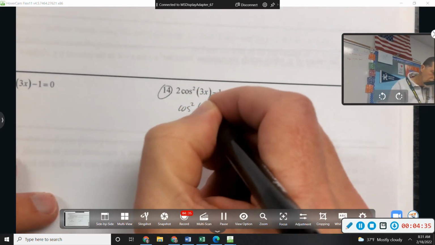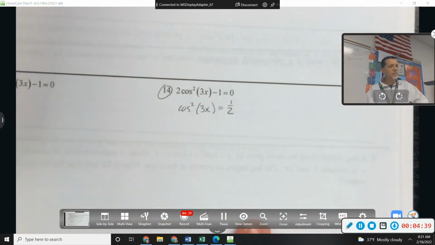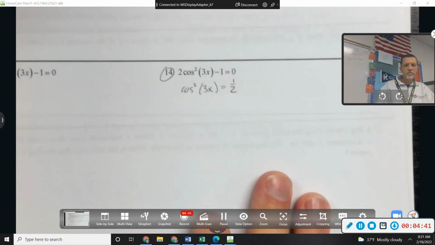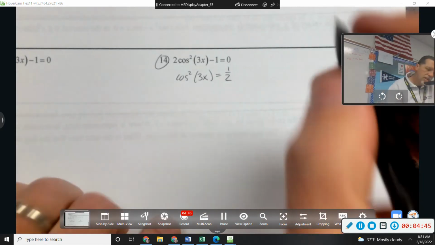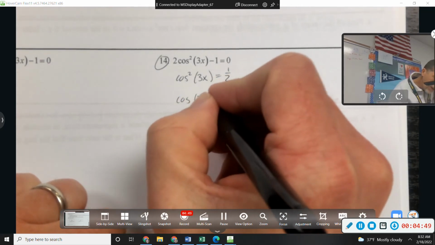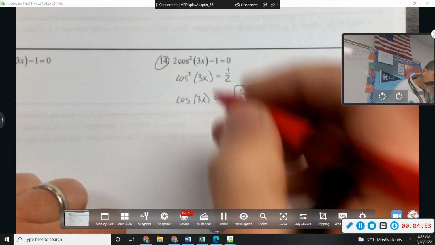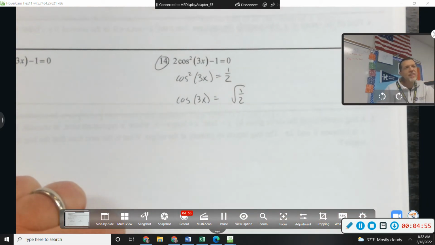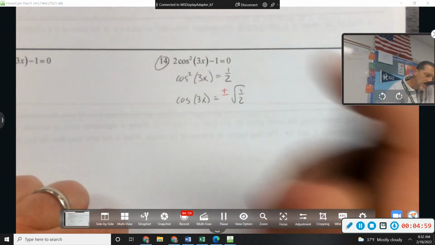So cosine squared of 3x equals 1/2. I don't have the space to show every single algebra step. Square root both sides. So cosine of 3x equals the square root of 1/2. But that's not quite right. Everybody knows it's plus or minus because we just did one of those.